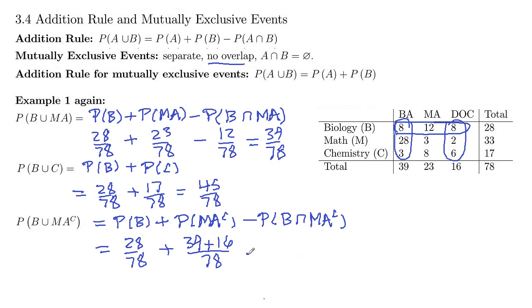And then we subtract out the overlap, biology and not a master's, which is the 8 and 8. Those are circled twice. So minus 8 plus 8 out of the 78. So that is 67 out of 78 if you do that on the calculator.